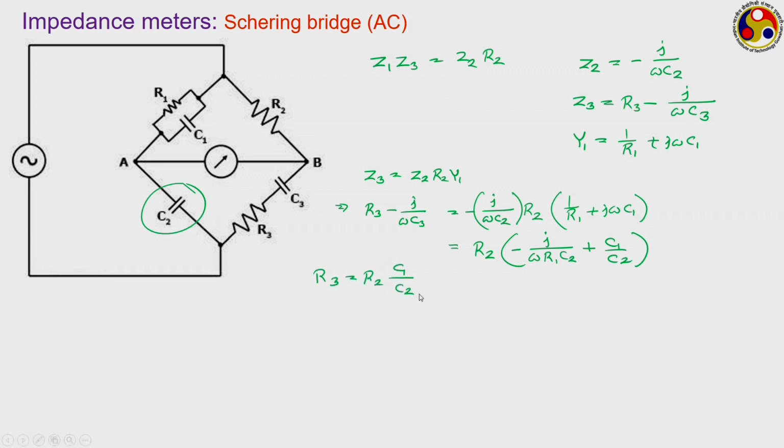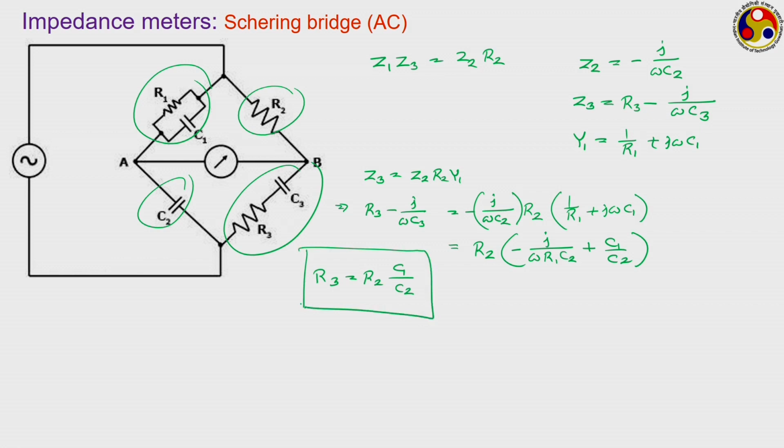In this case, commonly our objective is to identify these values R3 and C3, because we generally have control over these three arms. So this gives you an expression for the R3 which we are looking for.